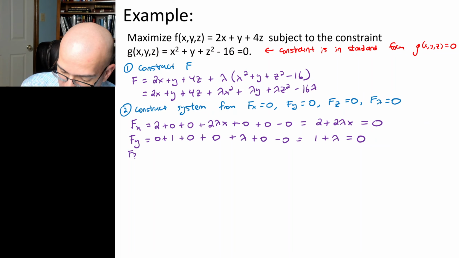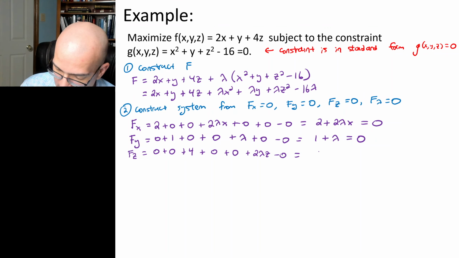F sub z, which is also unusual, by the way, F sub z is 0 plus 0 plus 4 plus 0 plus 0 plus 2 lambda z minus 0 is equal to 4 plus 2 lambda z, set to 0.